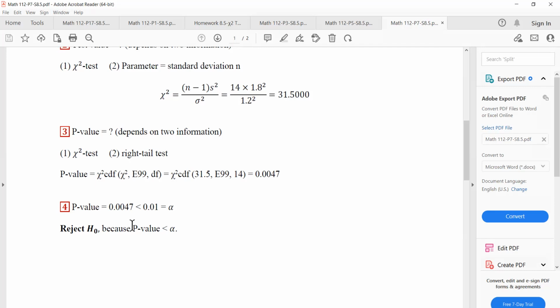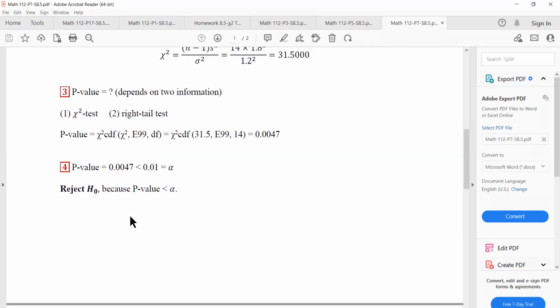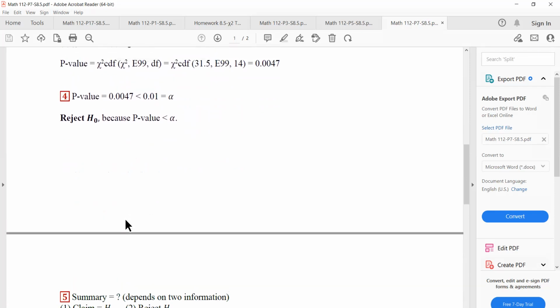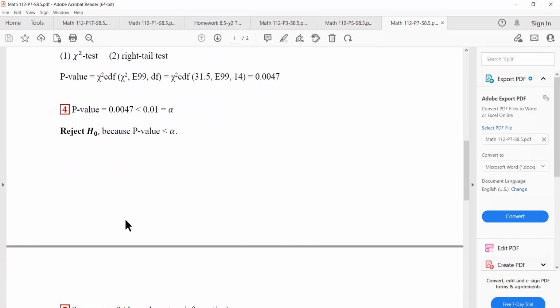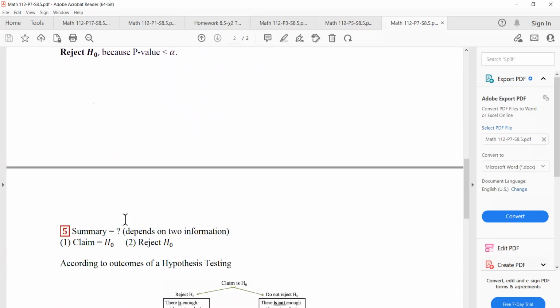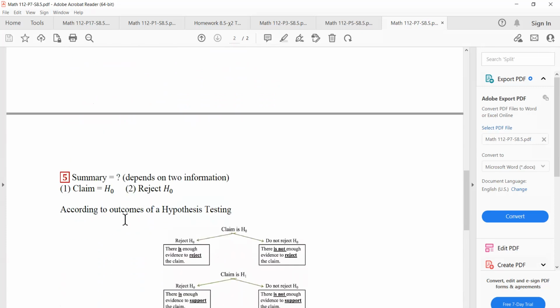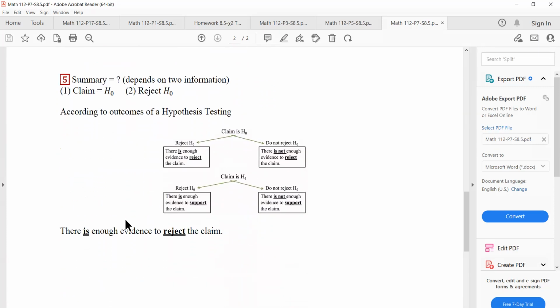And we don't need to draw, but you do need to show this comparison. Okay. And then because you rejected the null, remember your claim was H0 this time. So again, here's your flow chart. Your claim was H0, you rejected H0.